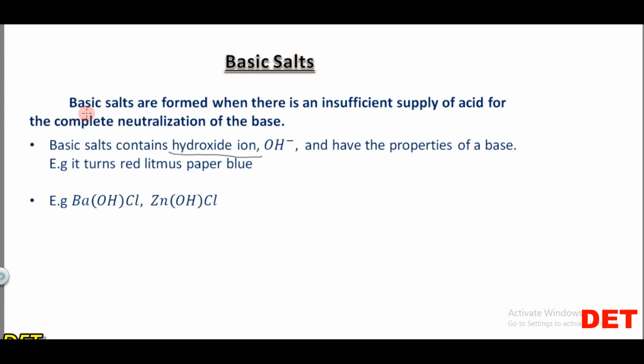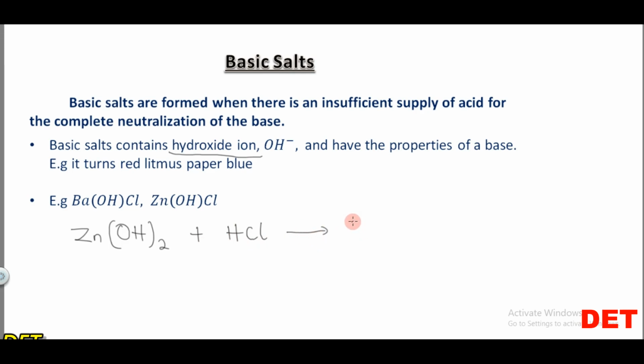Again, basic salts are salts formed when there is an insufficient supply of an acid for the complete neutralization of a base. So for instance, when zinc hydroxide, which is a base, reacts with a limited amount of hydrochloric acid, what will be formed?